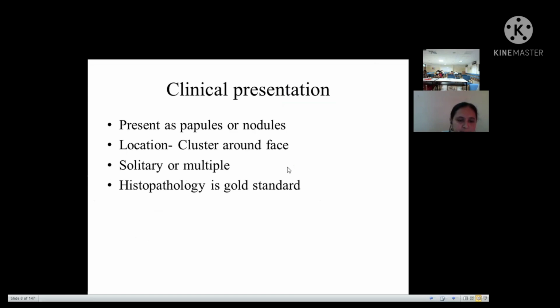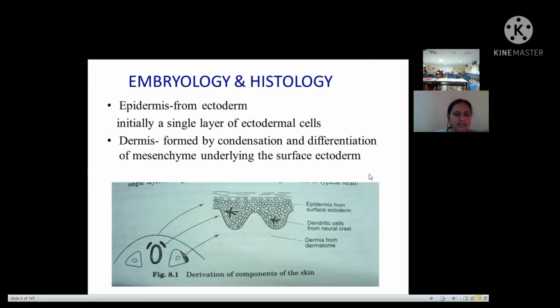For example, hair and sebaceous glands are there all over the body except for palms and soles, whereas the apocrine glands are mainly concentrated in the axilla or anogenital region, and so on. Whereas eccrine glands are mainly concentrated in the palms and soles. So without having the basic knowledge on anatomy, histology, and embryology, we find them very difficult to diagnose.